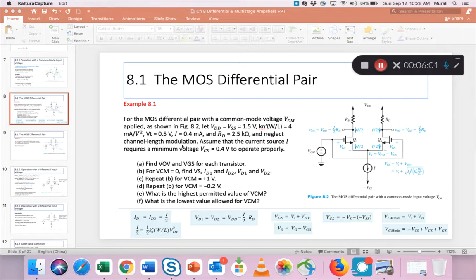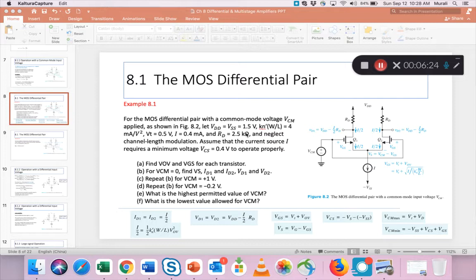So with that, I can move on, but I'll spend an extra minute to make sure that I can highlight some of the important factors. So we are given a basic MOSFET pair consisting of two NMOS devices in common mode voltage applied. So we only have VCM applied, not differential.